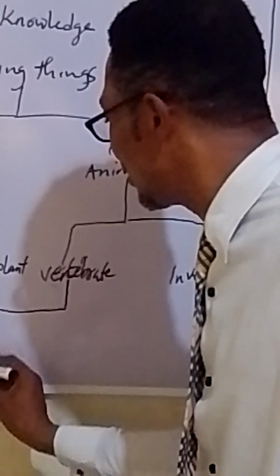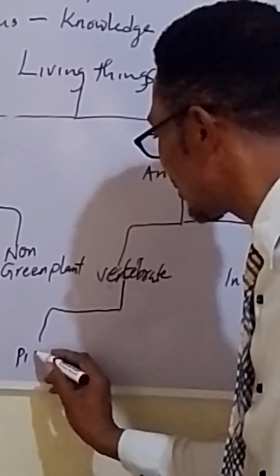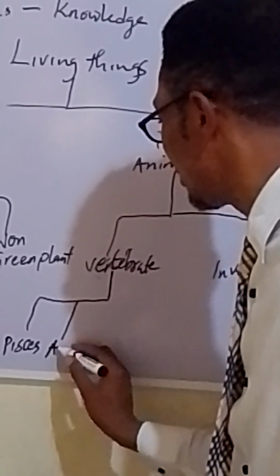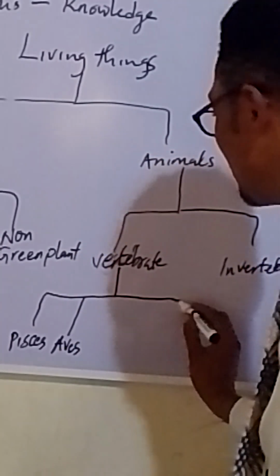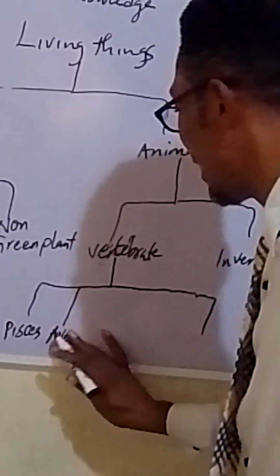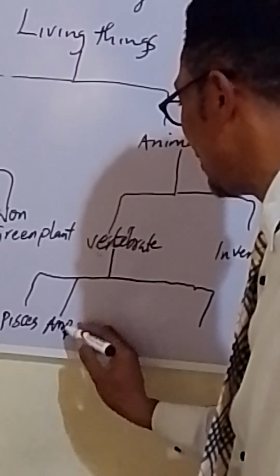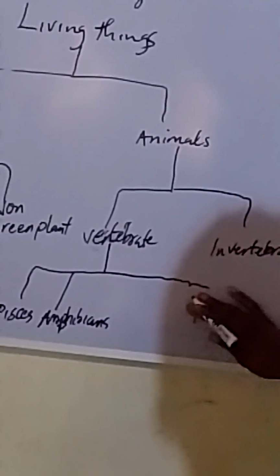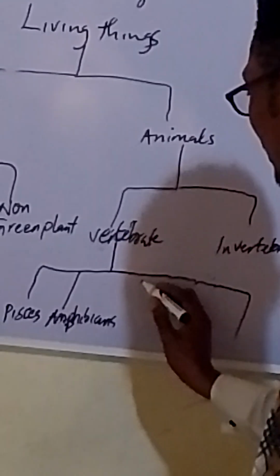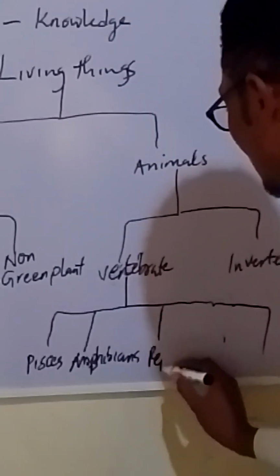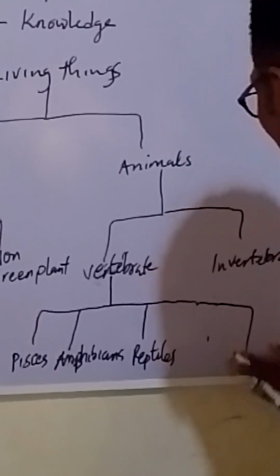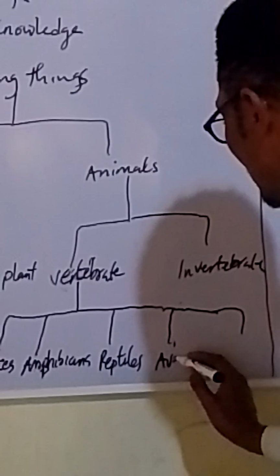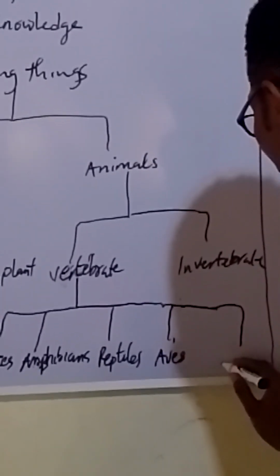And the five are the Pisces, the amphibians, the reptiles, the apes, and then the mammals.